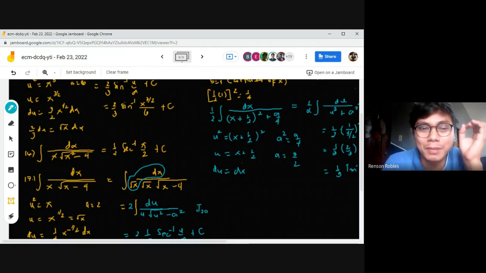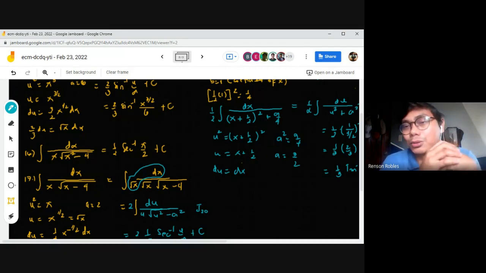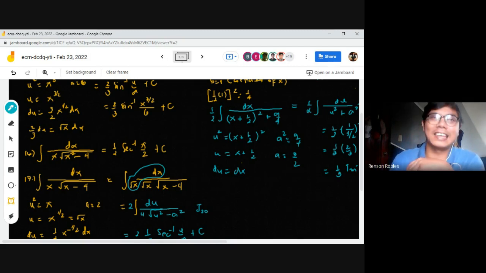Hindi lang ito pang math, sa lahat ng subject. Kaya mahirap para sa teacher kasi pag nag-i-score kami ng inyong mga major exam, hinahati-hati namin yon. Bibilangin namin kung ilan ang score mo sa ILO 1. We will count how many points you got for ILO 2. So that's it.